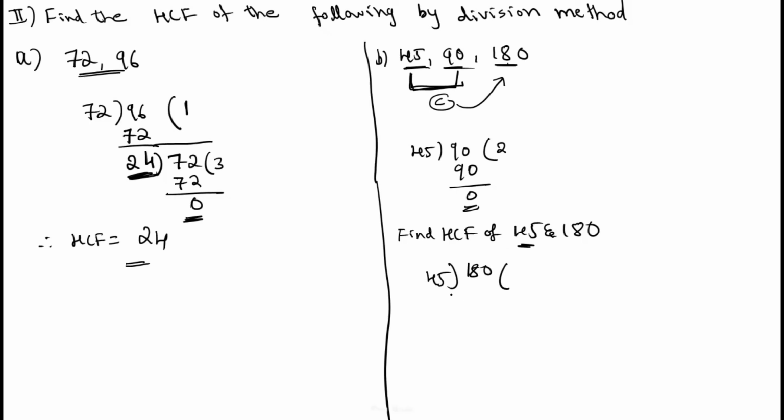You can divide 180 directly. 45 4s are 180. The remainder is equal to 0. In the first step itself the remainder is equal to 0, then the divisor is the HCF, right? Because here 45, that is the divisor, is the last non-zero remainder. So here I will write: HCF of 45, 90 and 180 is equal to 45 itself. Okay, this is the answer for the given question.